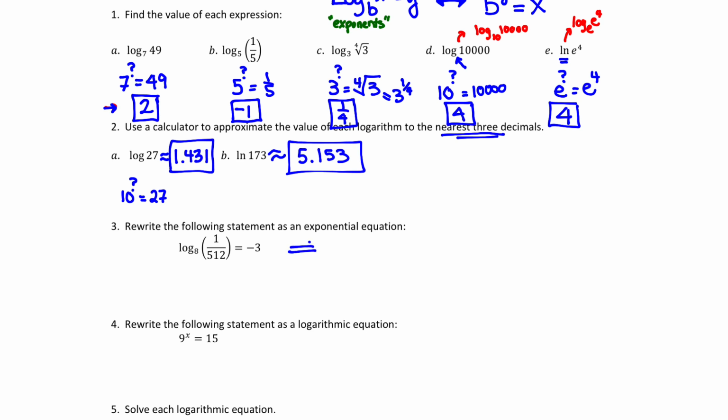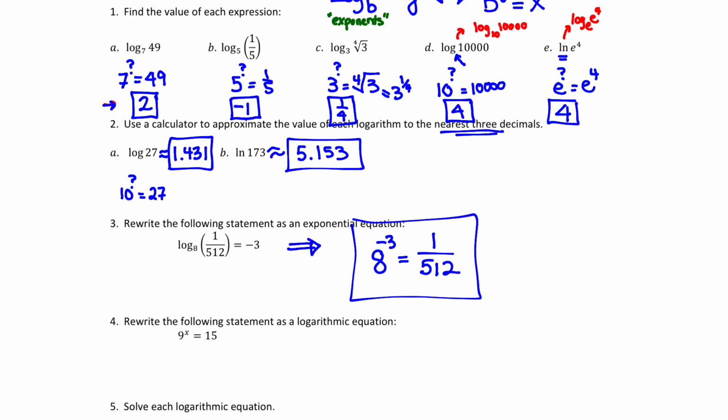This one simply says rewrite as an exponential equation. Declan, did you do that one? Can you rewrite that for me as an exponential equation? Beautiful. That is the exponential equation that corresponds to that logarithmic equation.